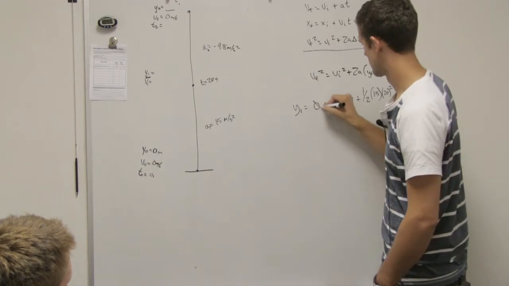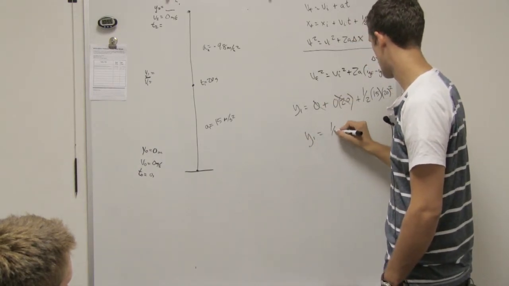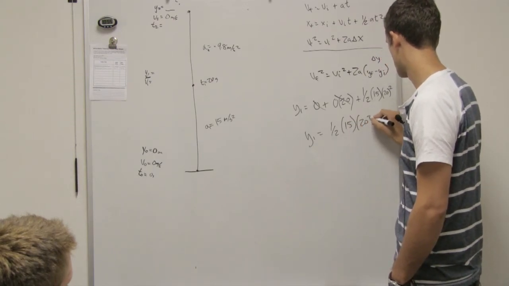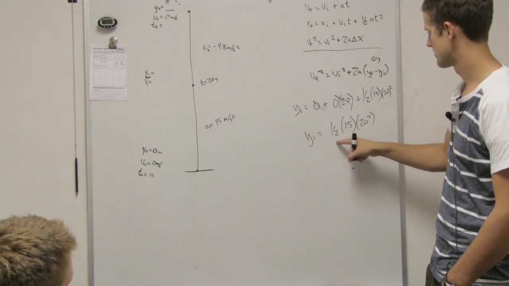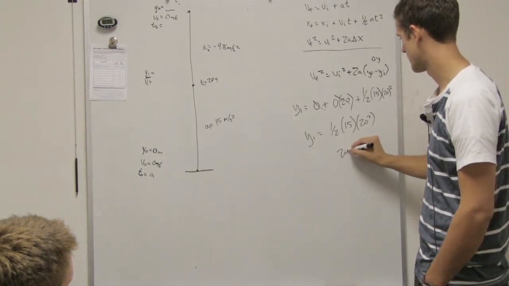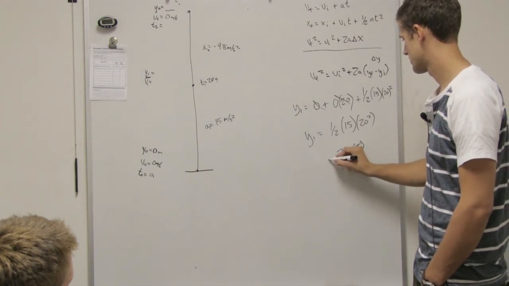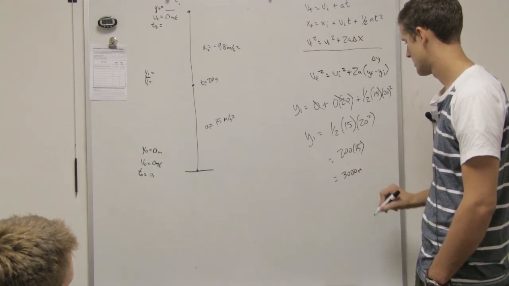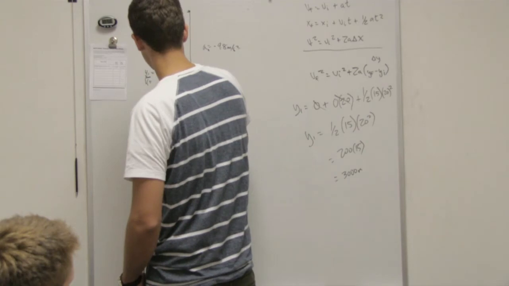You know that's 0 and that's 0, so y1 is going to be equal to 1/2 times 15 times 20 squared. Well, 20 squared is 400 times 1/2, so this would be 200 times 15. So it's 3,000. Yeah. Okay, let's put that in here. 3,000.